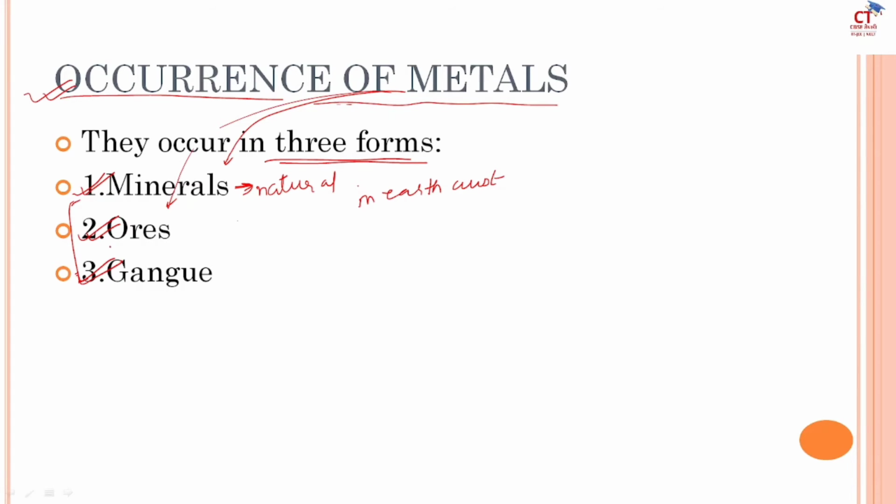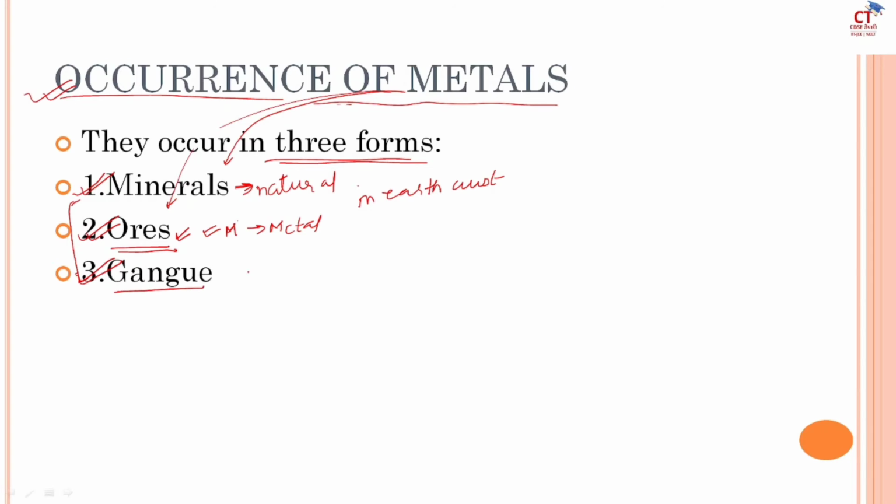Okay. Now ores. What are ores? See, minerals that have metals are known as ores. They are minerals that have metals and we can easily extract them. Minerals with metals are known as ores and we can easily extract them.